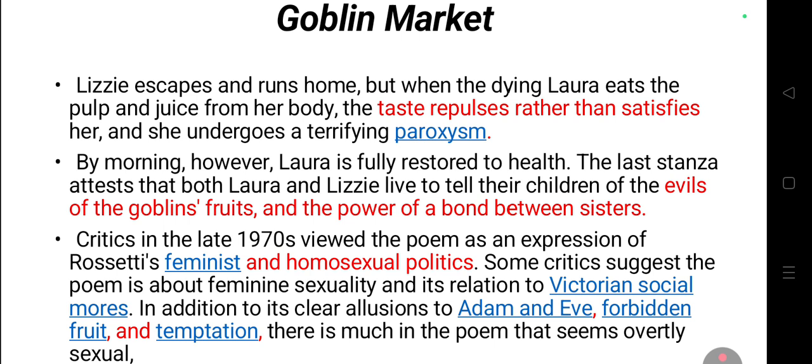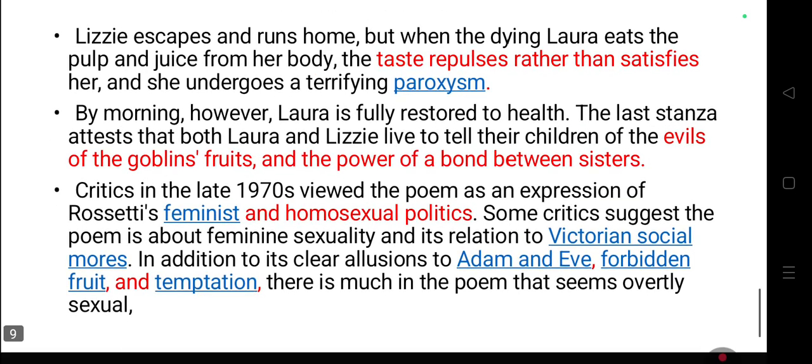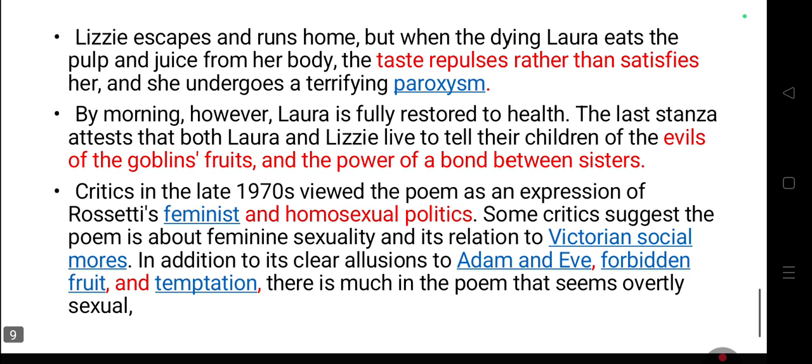Okay. Critics in the late 1970s viewed the poem as an expression of Rossetti's feminist and homosexual politics. So, feminist behavior is very much visible. Homosexual, as I told you in the picture, they are sharing the same bed, and the way they are lying together.